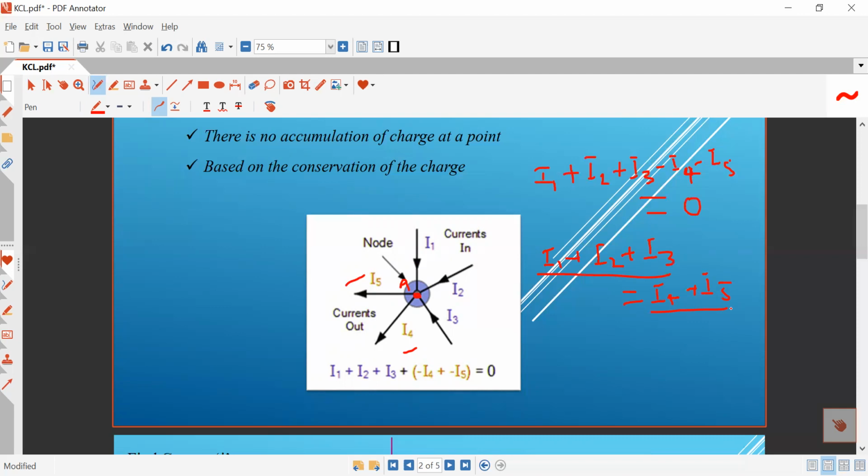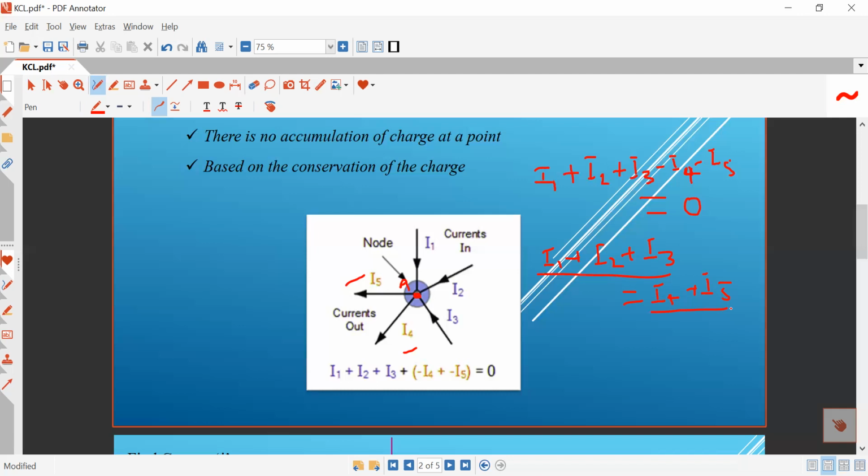The first statement is the algebraic sum of current meeting at a point will be equal to 0. And when you solve the expression obtained from the algebraic sum, you get the total incoming current equal to total outgoing current.